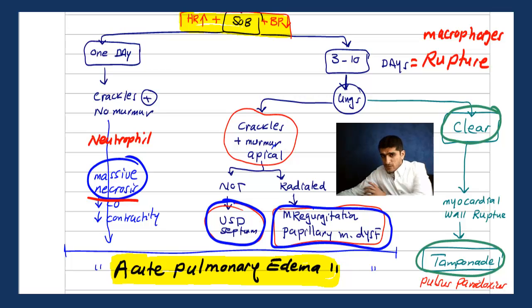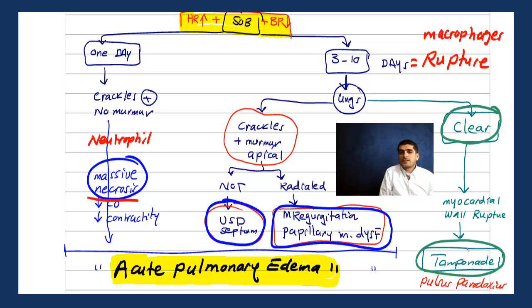Tamponade is a big problem. We will talk about that when we go to pericarditis. This is not the pericarditis talk, but why am I talking about that? Look, from tamponade, you can tell me first it's clear lungs, it's hypotension, it's pulsus paradoxus, it's increased heart rate, maybe even increased JVP, right? There is a kind of triad. You don't need to know the name, but that's it.